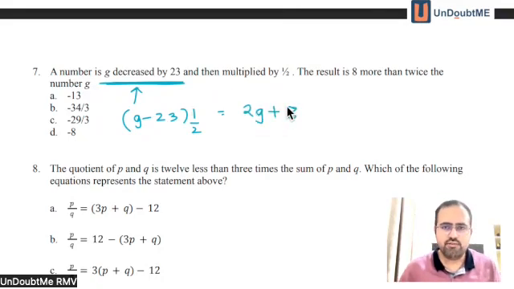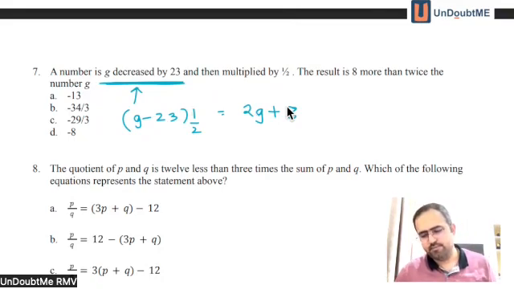Now quickly solve and get the value of G. Yeah, 13. Minus 13 is correct.